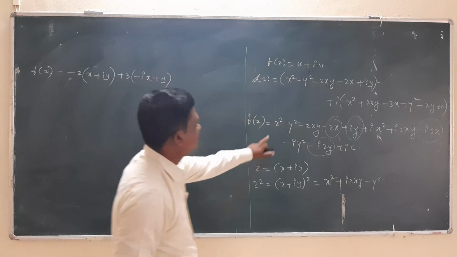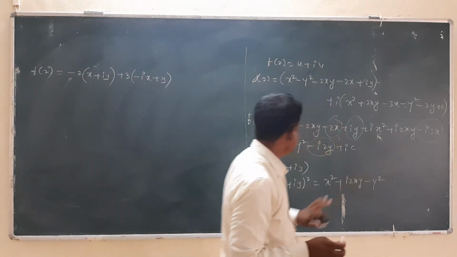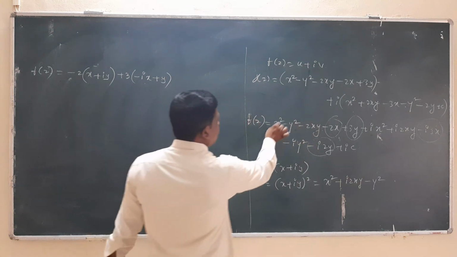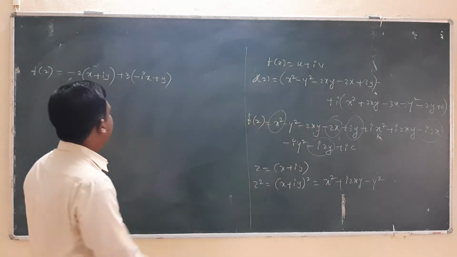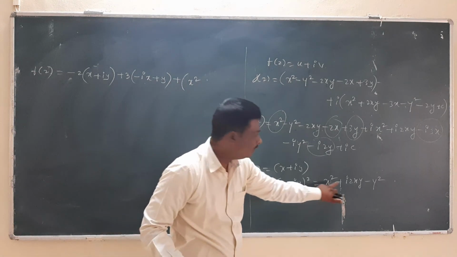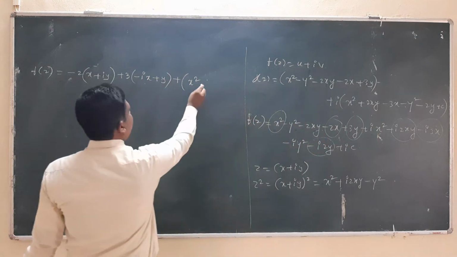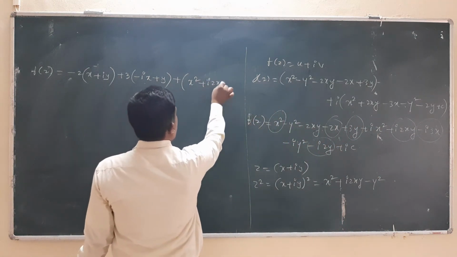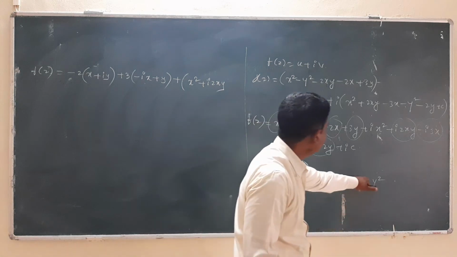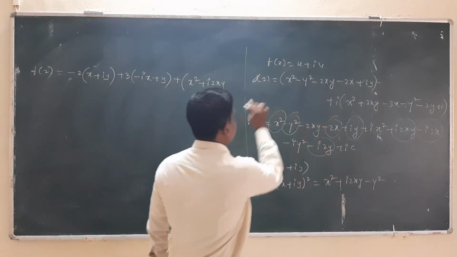Now x square, y square, 2xy, ix square, these terms are remaining. We can see here we are having x square, so I will write this in one more bracket: x square plus i into 2xy, that is also available here, then minus y square, that is also available here.